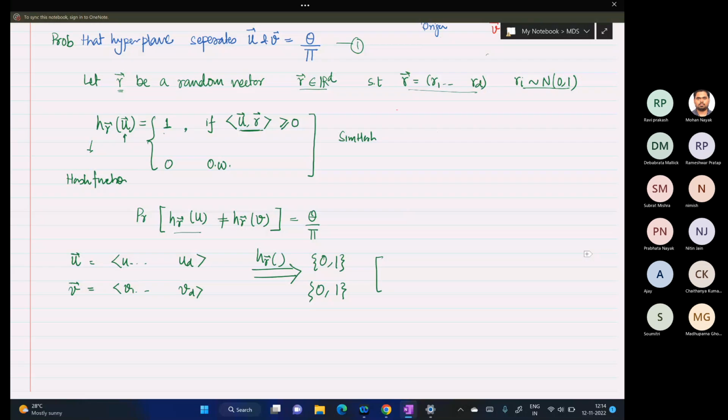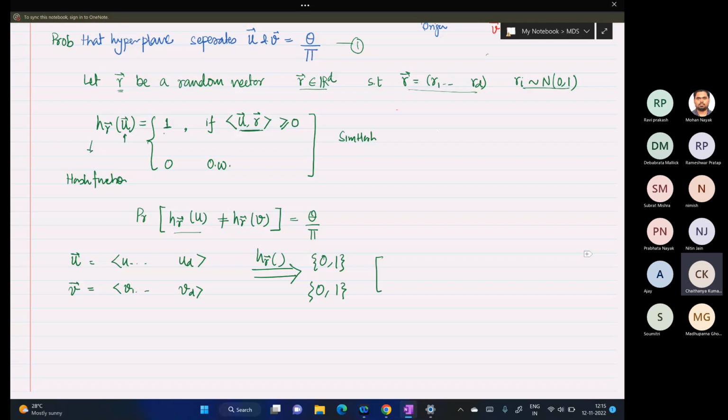So in this dimensionality reduction algorithm, our input is a real valued vector and our output is a digit, either 0 or 1, right? So does this make sense?